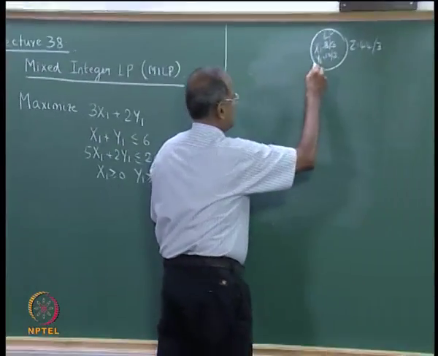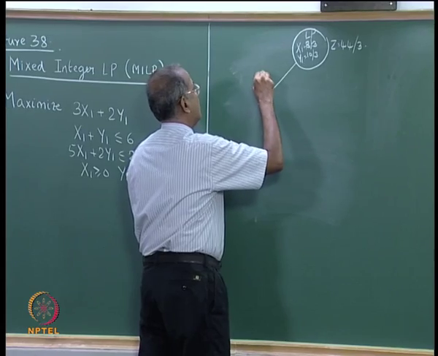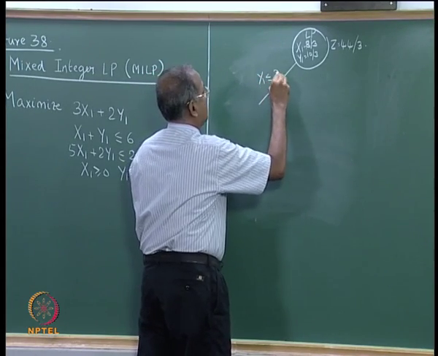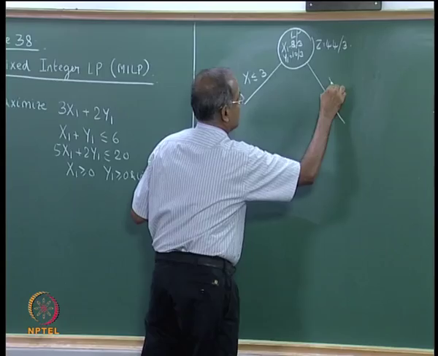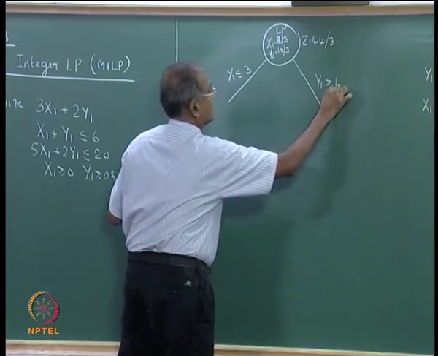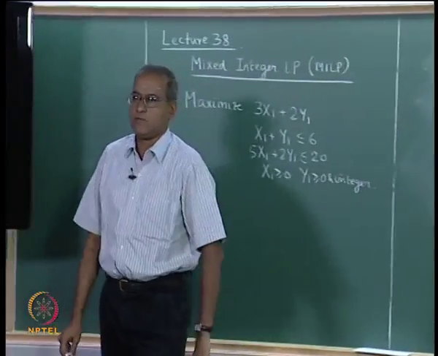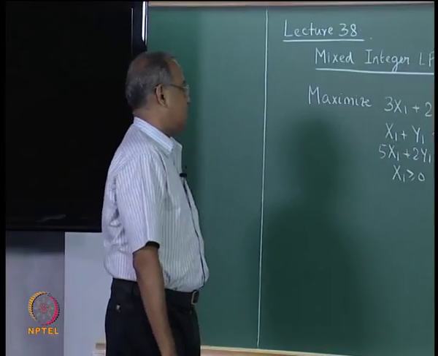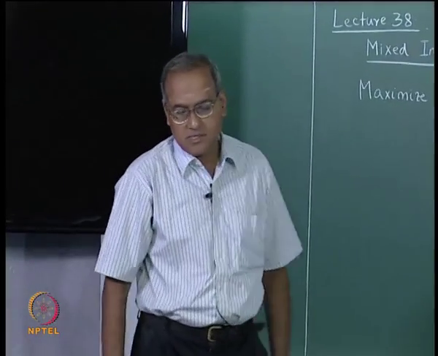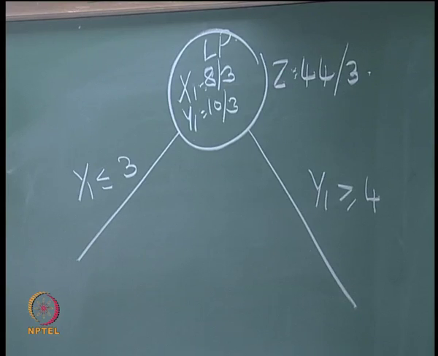So, we branch off with two branches: y1 less than or equal to 3 and y1 greater than or equal to 4.